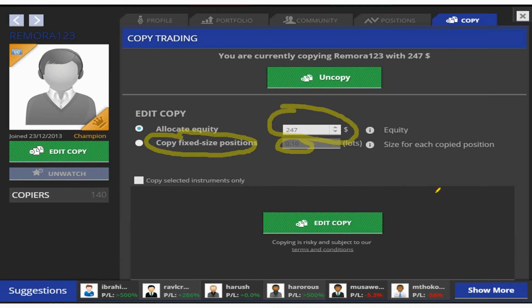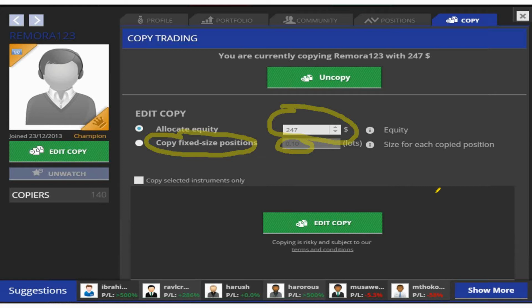Stanley says, "What is an ideal volume?" Now, when we talk about ideal amounts to be allocating, I'm making up just a few numbers. If you had a $1,000 account, then you should be trying to diversify yourself. You should be looking at maybe 3 to 5 copiers, maybe allocating $100 to each copier, and then a fixed size of lot.